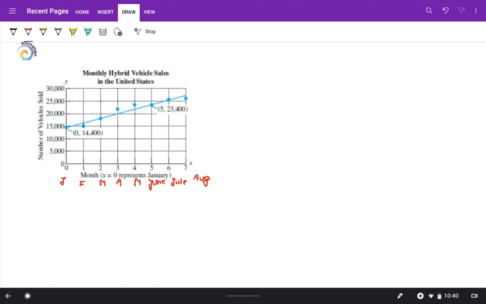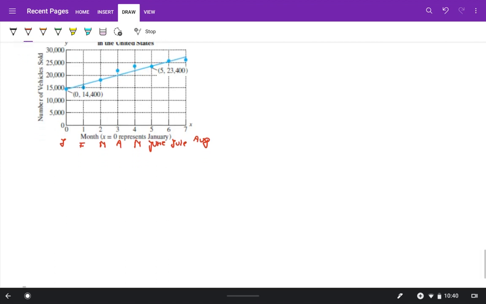And on the y-axis, we see the number of cars sold each month. This line rises up, so the slope will be positive, and that also means that the number of cars sold each month is increasing.